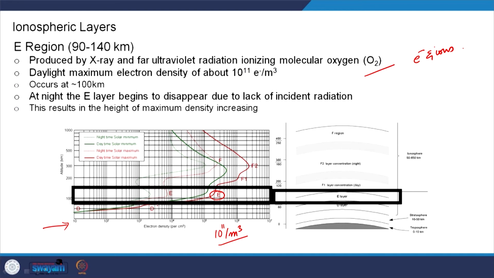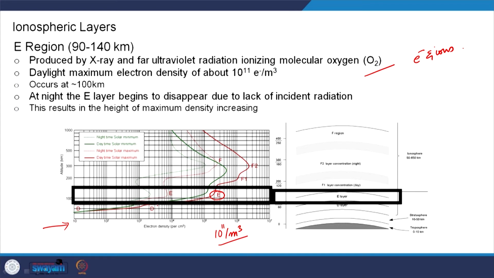So, it is mainly the lack of incident radiation that is why you do not see the E layer during the night time. This results in the height of maximum density increasing. So, at night time you do not find much of the E layer.